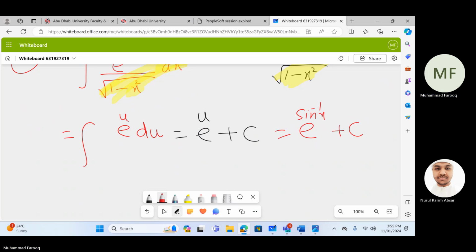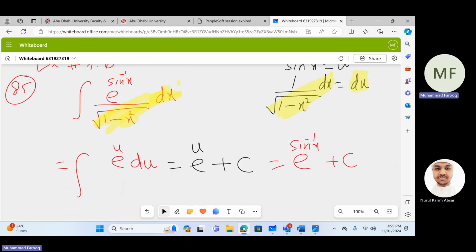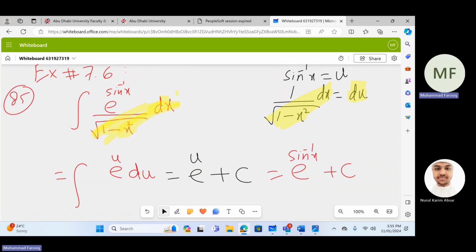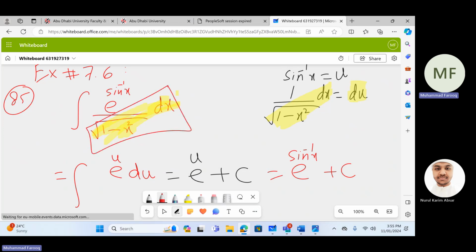How do we know that e to the u du is there? du is always in the numerator, never ever in the denominator. The e to the x and the square root of 1 minus x squared is in the denominator. So the answer of this whole part is du, that's it. dx for this one is du.